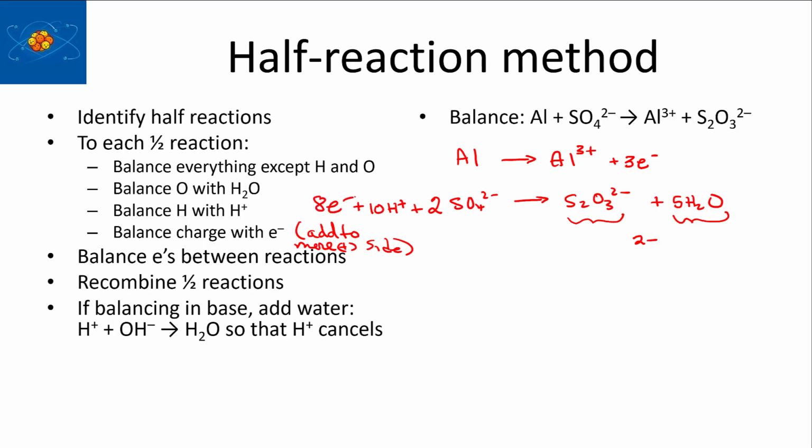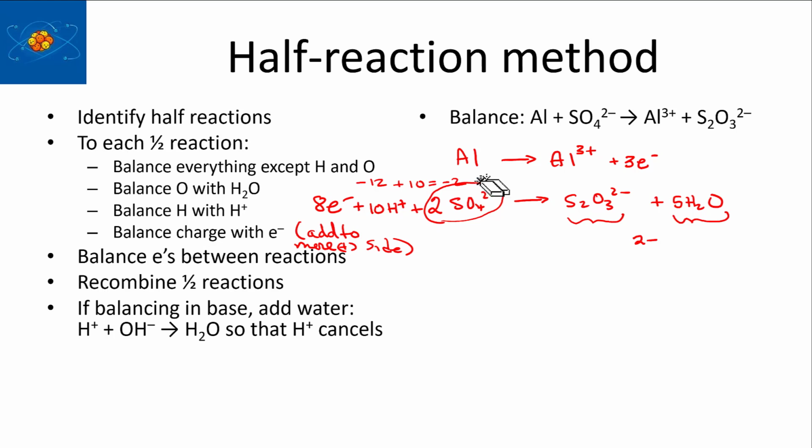So let's double check that I did my calculation correctly. I have 8 negative charges, and then I have 4 more. So that's -12. And then I have 10 pluses. So that's -2. So now the charge on the left and the right hand sides are balanced.